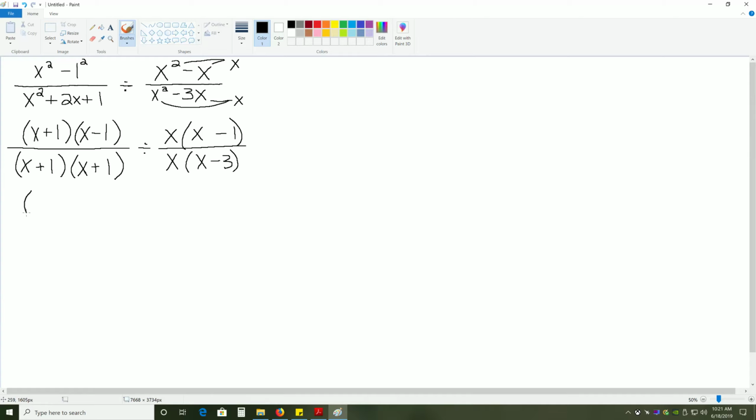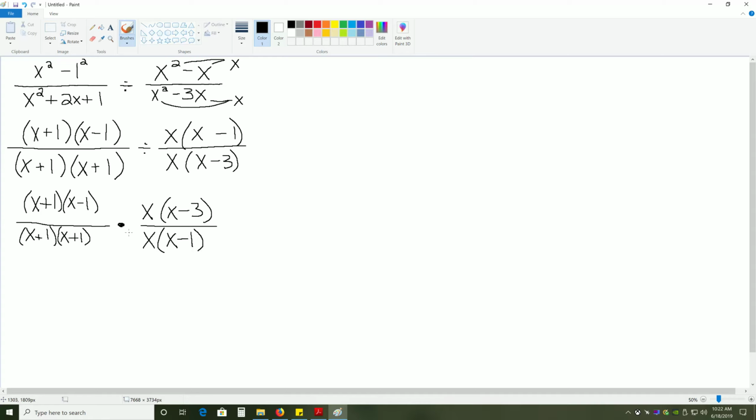So we're going to copy down this first fraction, x plus 1 times x minus 1 divided by x plus 1 times x plus 1. And we're going to multiply that by the reciprocal of this fraction, which is x times x minus 3 over x times x minus 1.